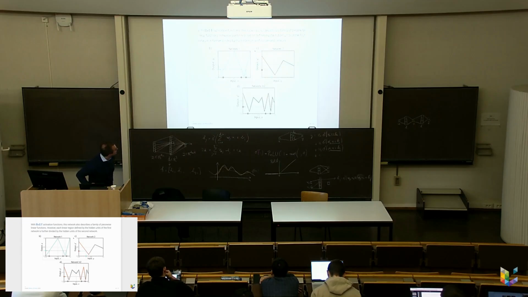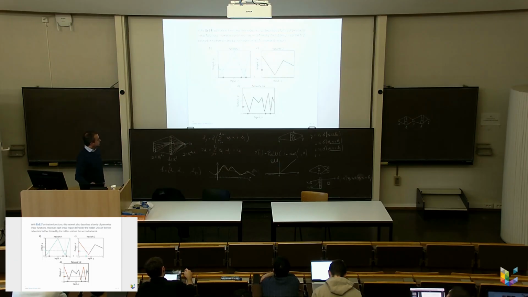Oh, no. In this case, we only see 3 of them: from -1 to 0, from 0 to this number, and from this to 1.